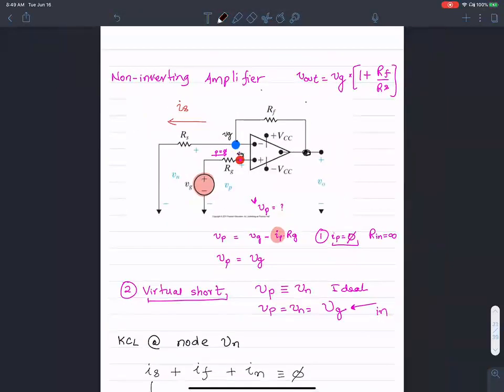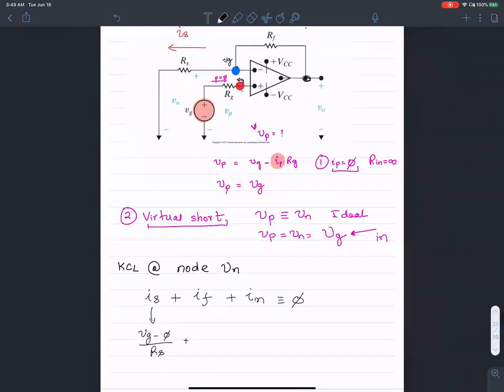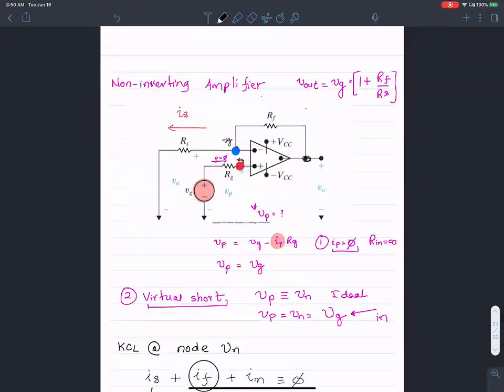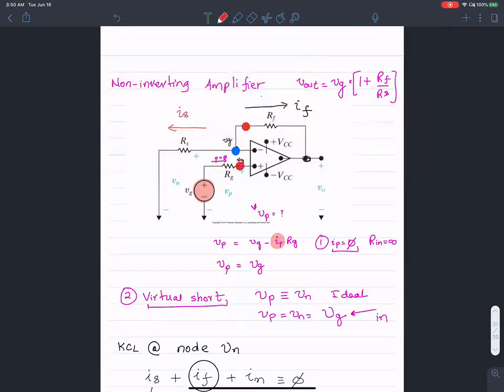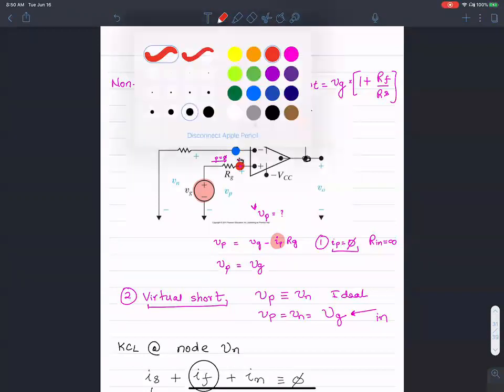So that's the expression for IS. Okay, all of that is the expression for IS. Let's try to get the expression for IF. IF, I defined it to be in this direction. So IF is going to be this voltage, which is VG, minus this voltage, which is V output, over RF.